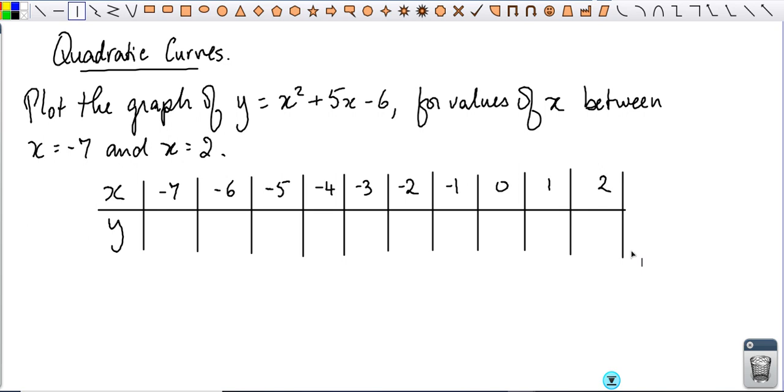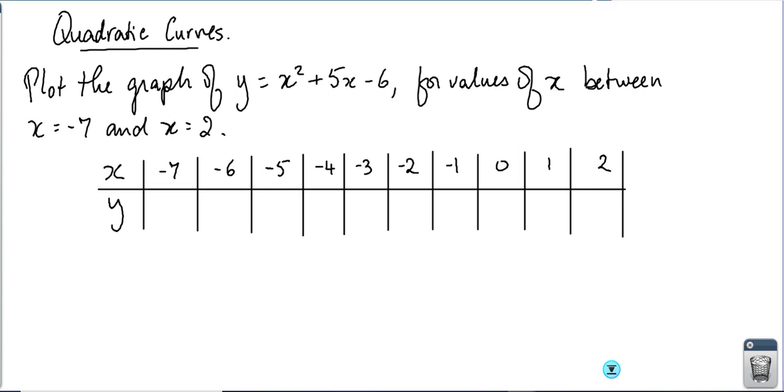When you press equals, if you have g(x) in your calculator, press equals again. You have the table range where you need to give the start, the end, and the step. Where you have start, type minus 7 and press equals.